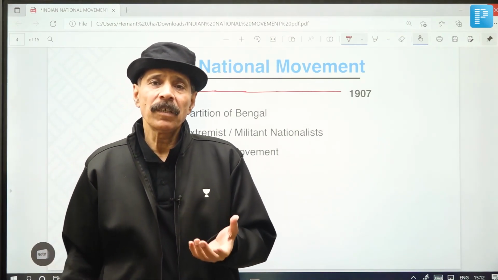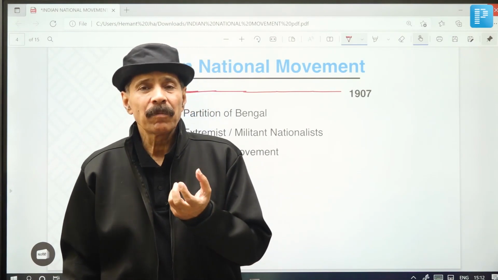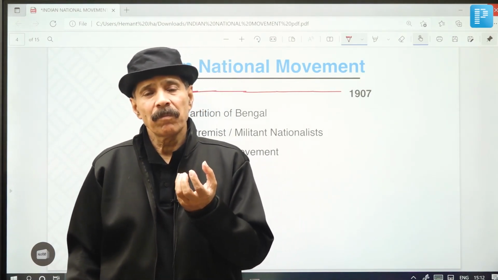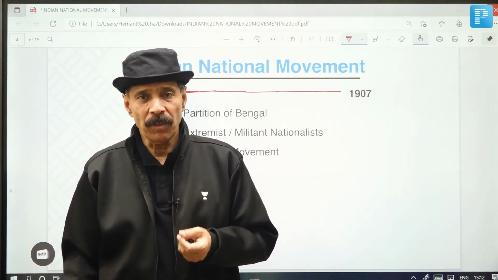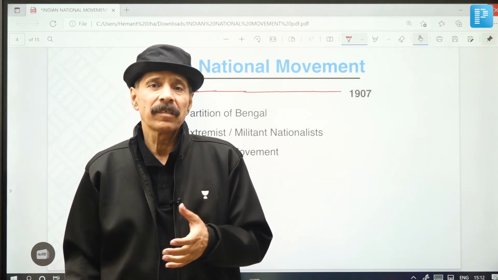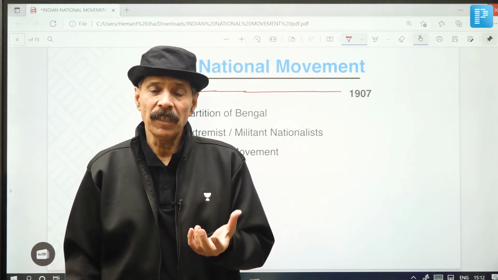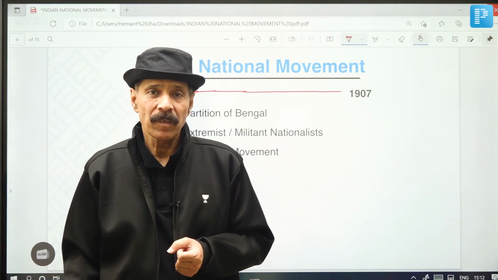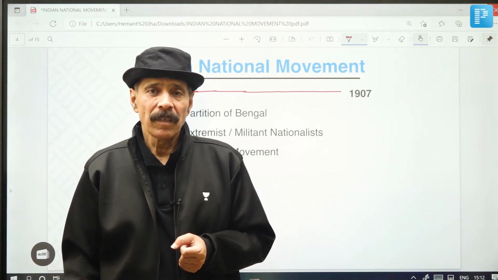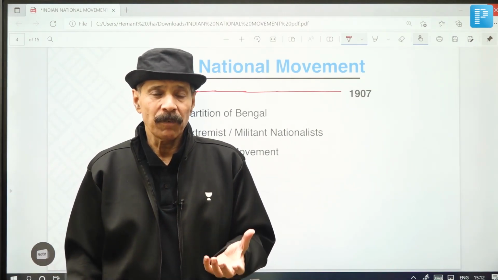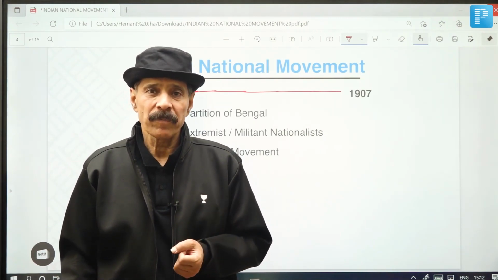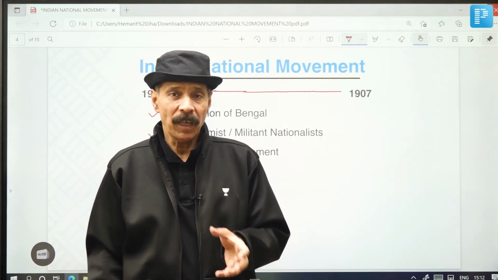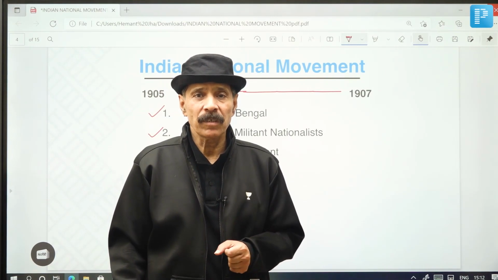They were not believer in the approach of political moderation. Rather, they were believer in political militancy and extremism. They were not believer in reforms. They were believer in Swaraj. They were believer in mass mobilization and mass movement.